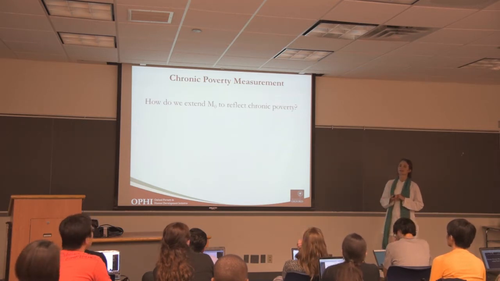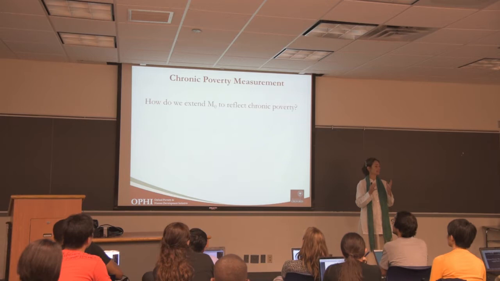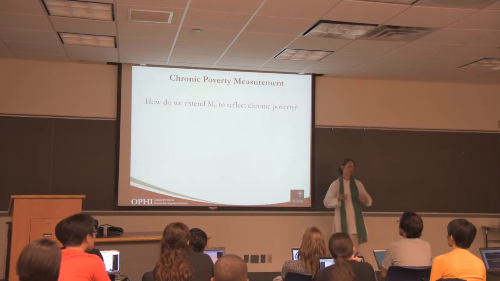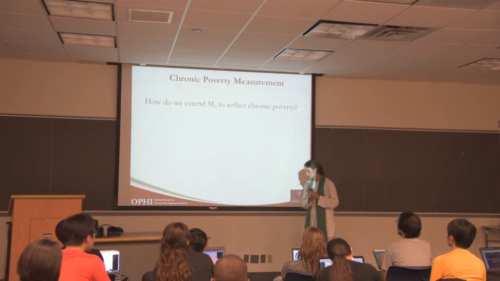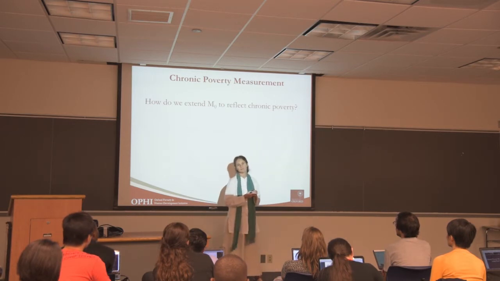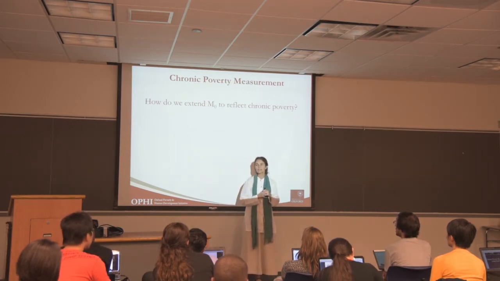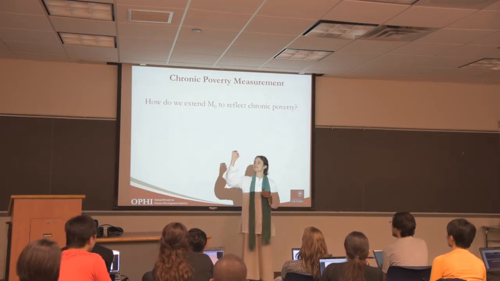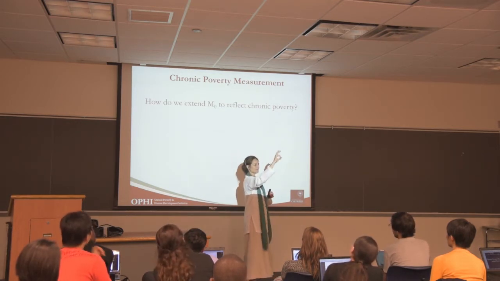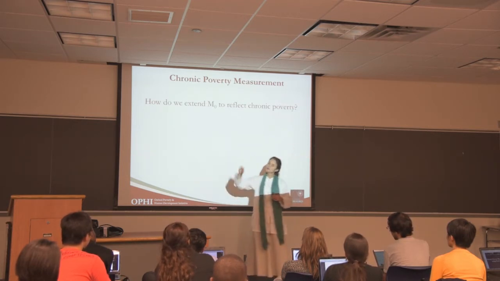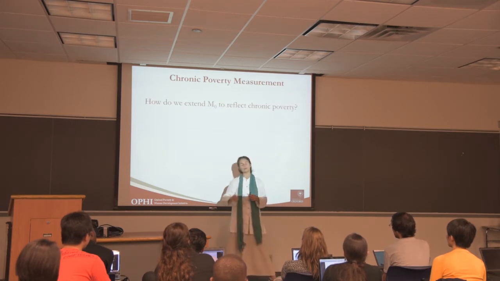So the first topic is, let's extend multidimensional poverty into a chronic poverty. Now there are theoretically two ways we could use panel data and put it into a multidimensional framework. The first, and these names are very confusing, and we confuse ourselves with them, so I'm going to try not to confuse you. You'll have to tell me if it works. The first is to look at each indicator across time and see who's always deprived in education in every period, who's always deprived in health, who's always deprived in housing.